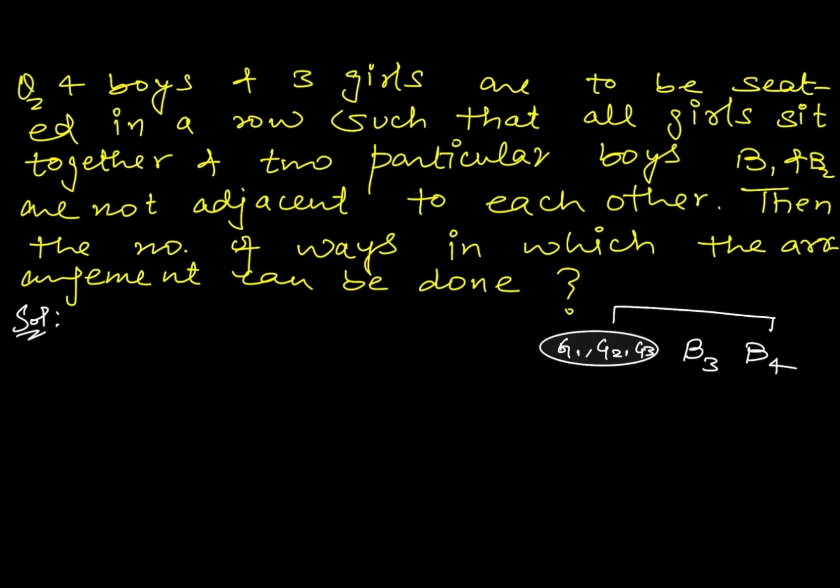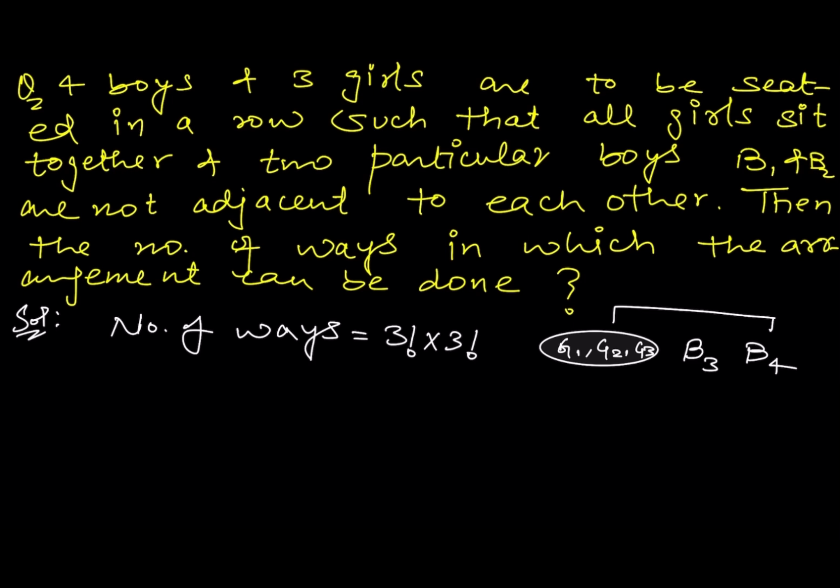Now these three units can be arranged in 3 factorial ways. But in these 3 factorial ways, the 3 girls can be arranged among themselves also in 3 factorial ways, so into 3 factorial ways by the fundamental principle of counting. And also we have to arrange 2 boys so that they are never adjacent.